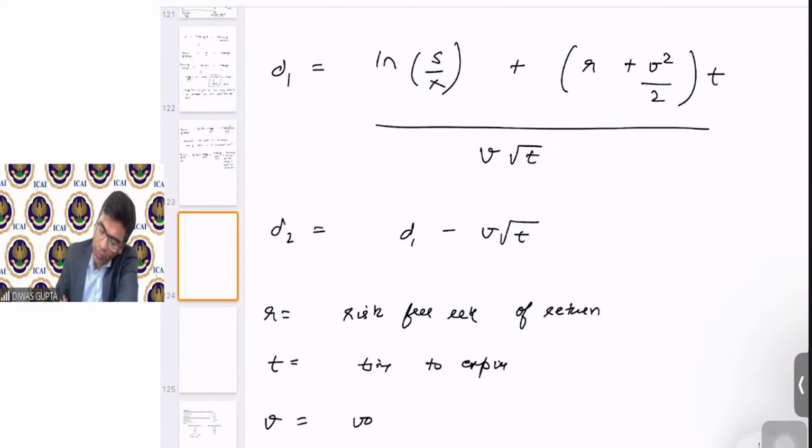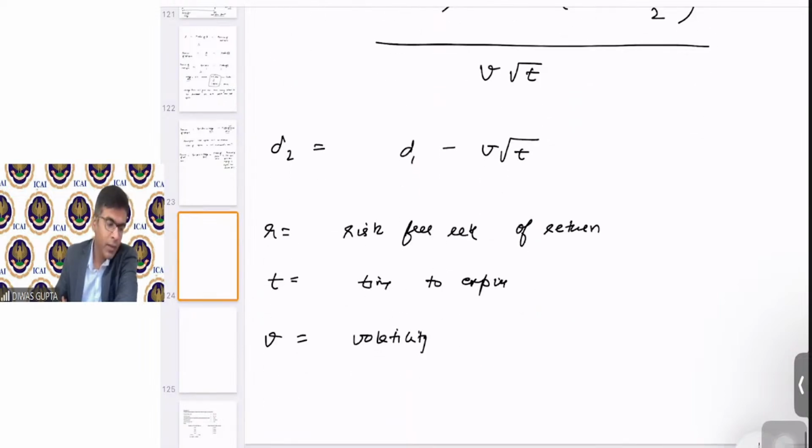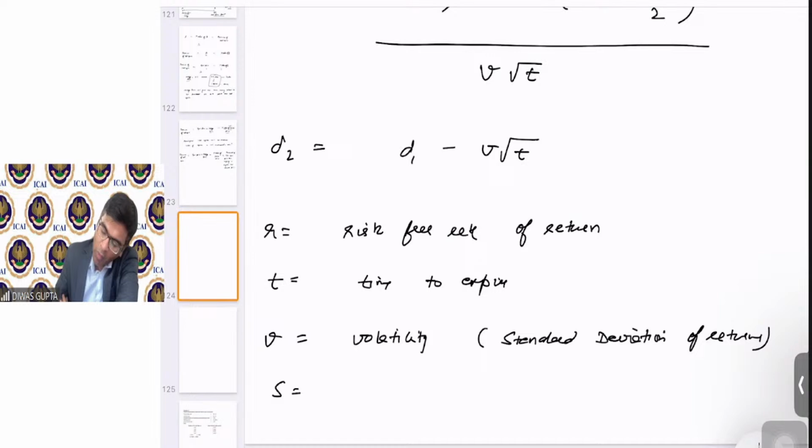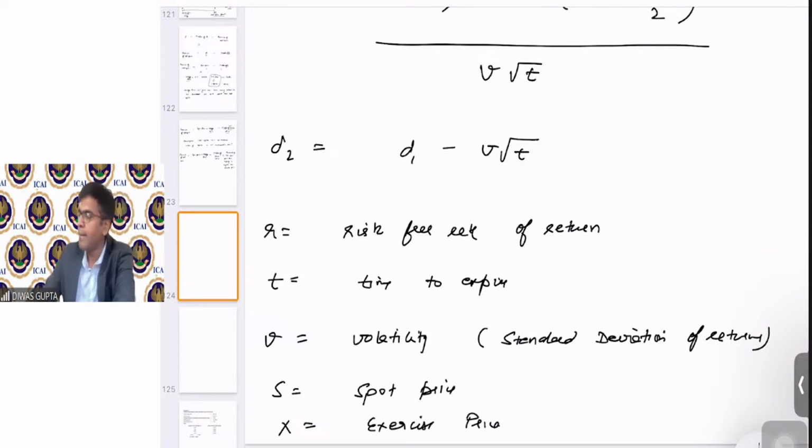V is equal to volatility, which we also call the standard deviation of returns. S is equal to spot price and X is equal to exercise price.